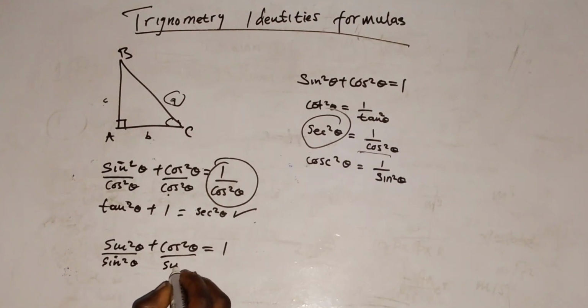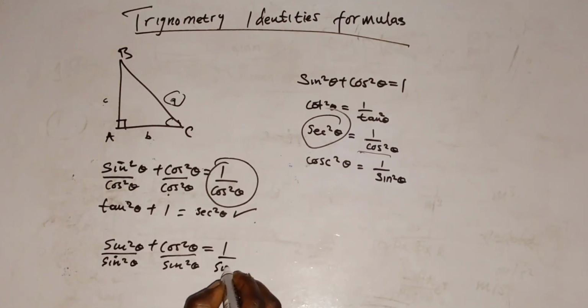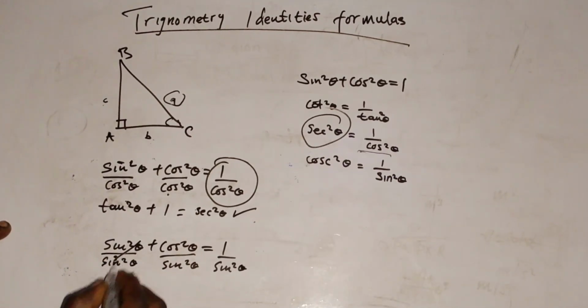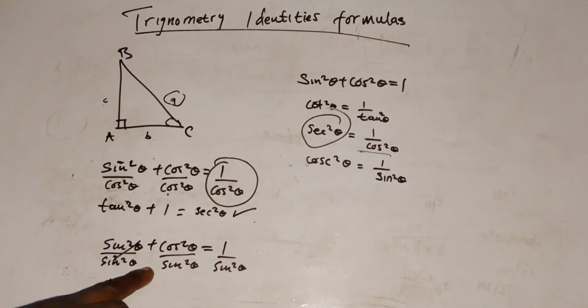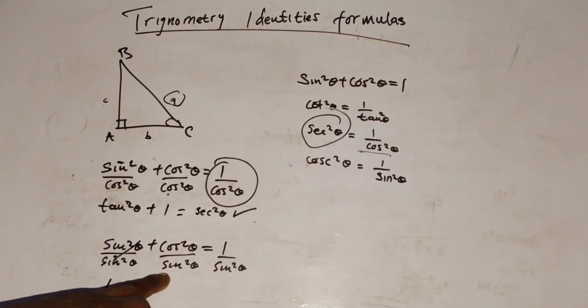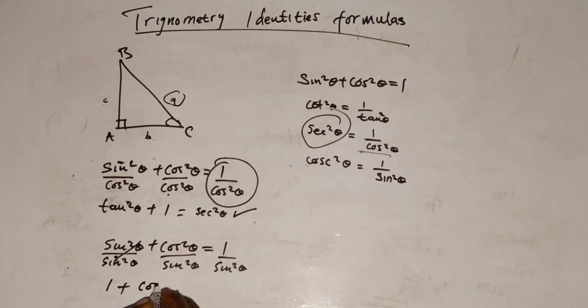Here you're going to remain with 1 plus cos squared theta over sine squared theta, which is cot squared theta.